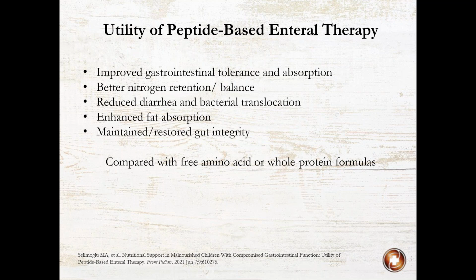And basically what they found is improved tolerance and absorption, better nitrogen retention and balance, reduced diarrhea and bacterial translocation, enhanced fat absorption, and they maintained or restored their gut integrity, which is really important in these patients.